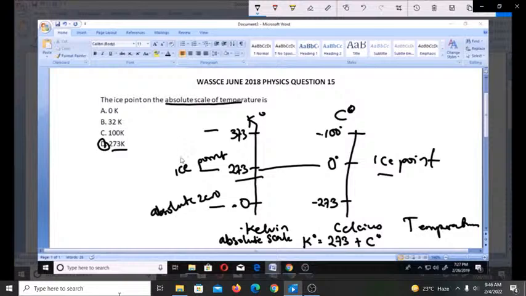So take note of all these. So the right answer is 273 when you are taking it in the absolute scale of temperature, which is the Kelvin scale. You understand? But if you are taking it in the Celsius scale, it will be 0 degrees Celsius. But you can see that everything here is in Kelvin. So that makes the answer to this problem. Thank you.